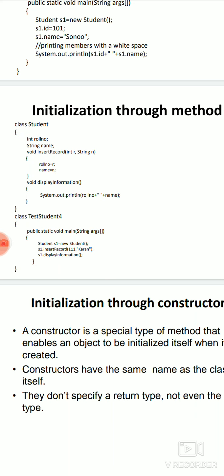Here we call it a function, but in Java we always refer to a function as a method. It is the same as a function. In the method definition, within the curly braces, the definition is roll number is equal to r and name is equal to n.